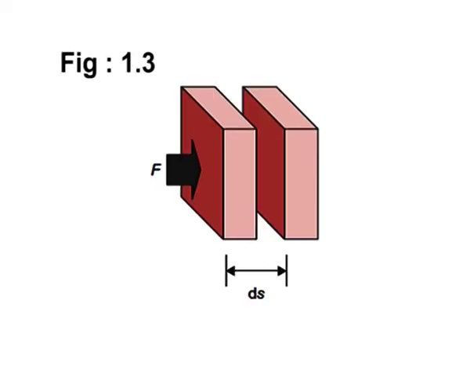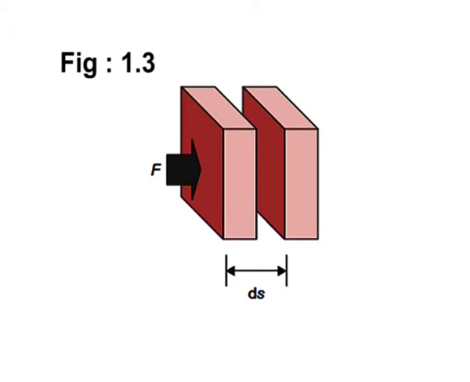As shown in figure 1.3, consider a case where a small object moves a distance ds due to the application of force F. The work done on the system may then be calculated as the product of force and distance, or dW is equal to minus F ds. The negative sign reflects the sign convention stated earlier.